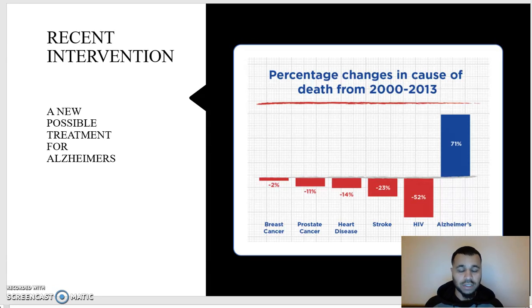And this is what scientists believe is causing the dementia and the Alzheimer's. So BAN 2401 is a type of antibody that they have tested.